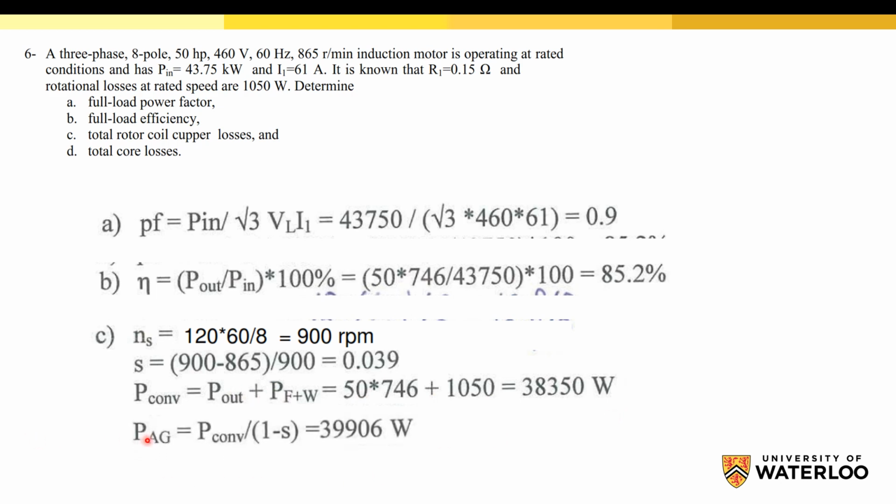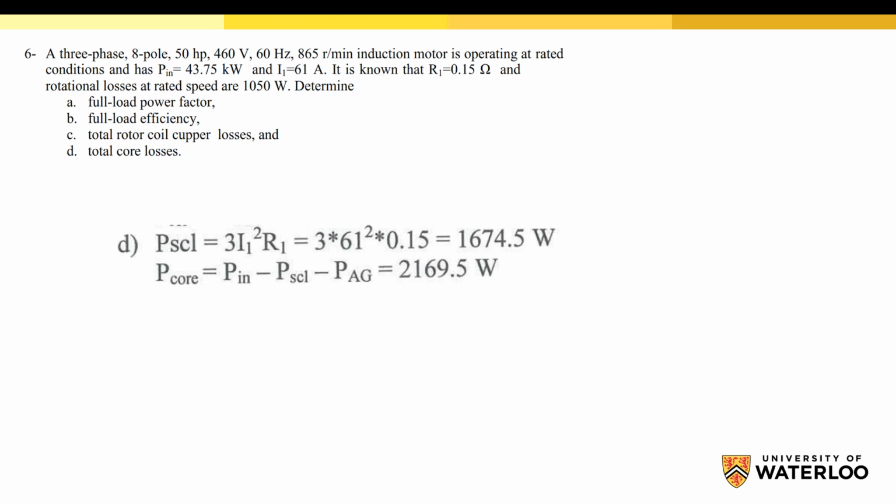We can calculate the air gap power, which is the converted or the developed power over 1 minus S. And we can subtract this power from this one to calculate the rotor copper loss. Or, as I told you in the previous question, there is a relation to calculate the rotor copper loss, which is equal to the slip times the air gap power. So you can use this to calculate the rotor copper loss.